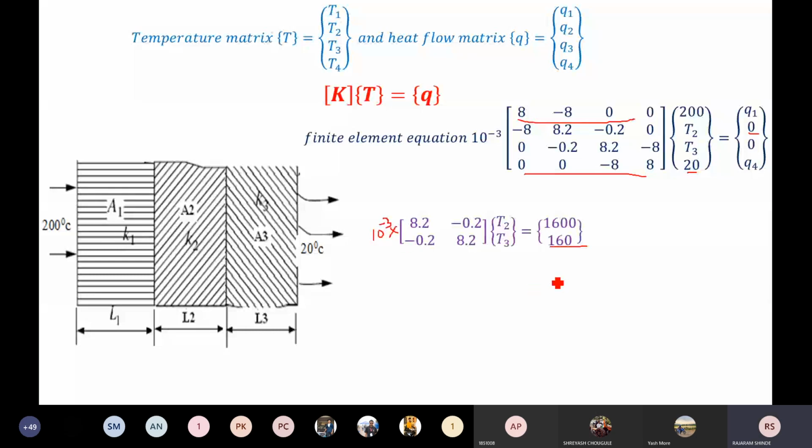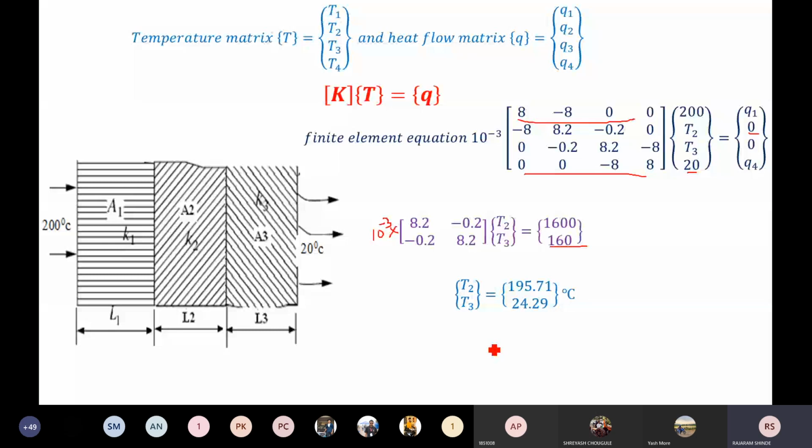Now you solve these two equations for T2 and T3. Calculate T2 and T3. What are T2 and T3? Now you will get T2 and T3 as 195.71 and 24.29. Okay. After that, what do we have to do?